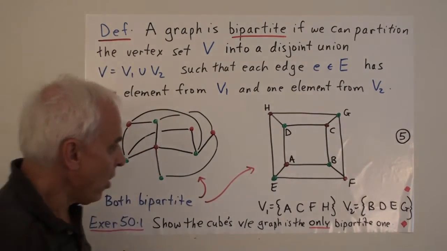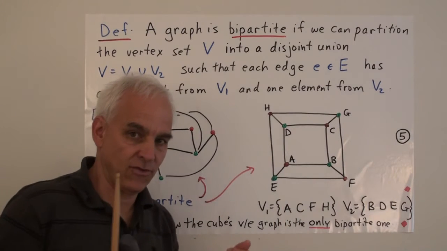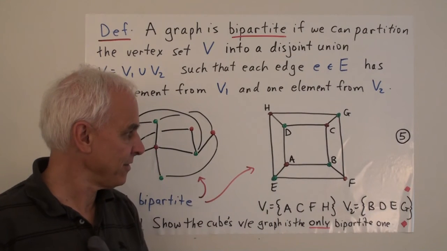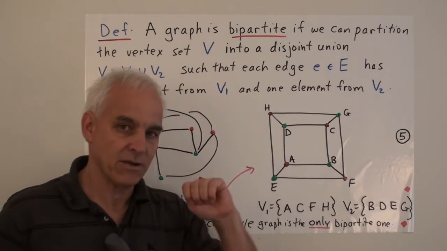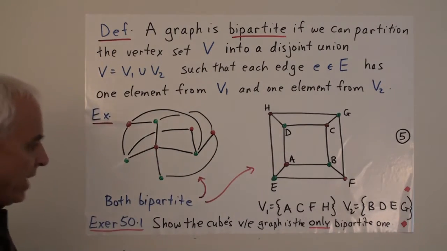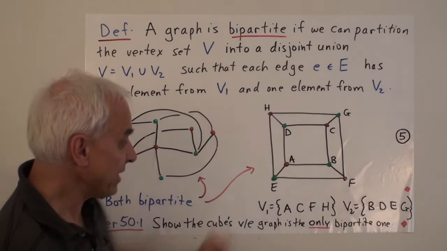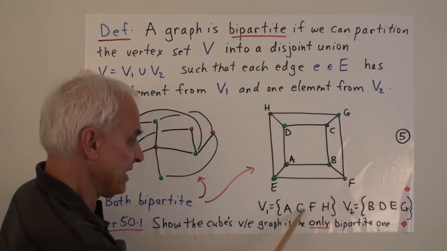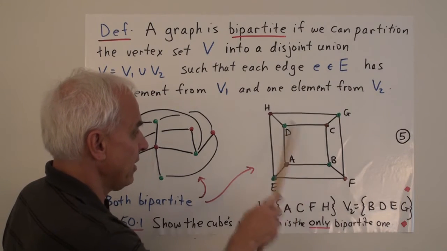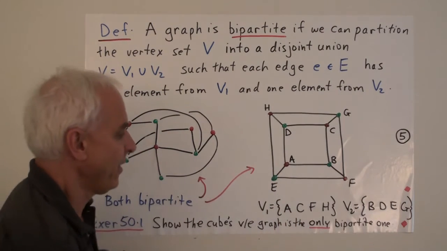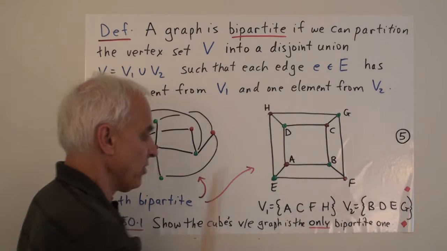And in this way, all of the edges join reds to greens. So that's a bipartite graph. And here's actually the official partition of the vertex set into the set ACFH, these are the red ones, and the other ones BDEG, which are the green ones.